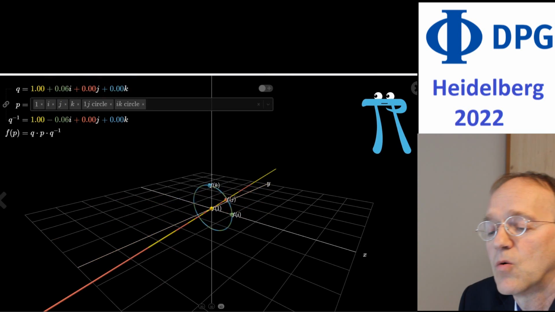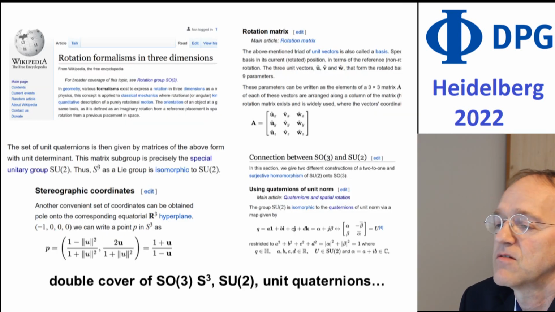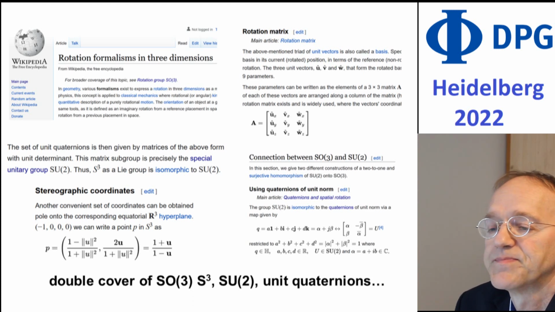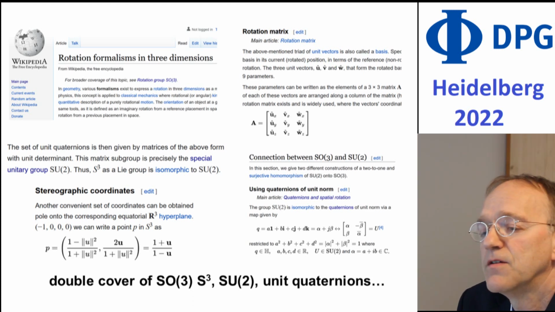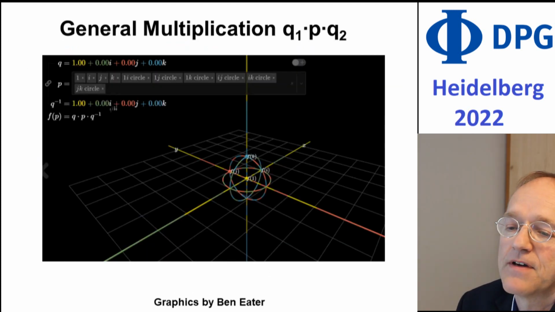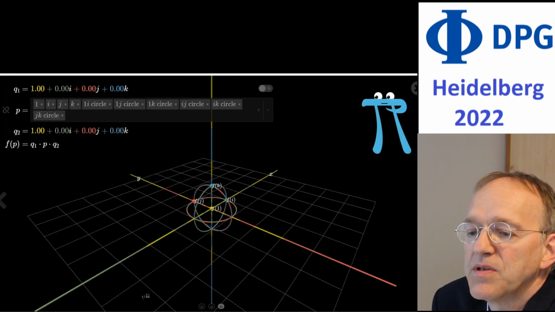So, this is of course well known, rotation formulas in 3 dimensions. There are even computer applications to do 3-dimensional rotations very conveniently with the help of unit quaternions. But if we go now to the general multiplication, we have a 6-dimensional manifold. Again, the first seconds are about pure rotation.